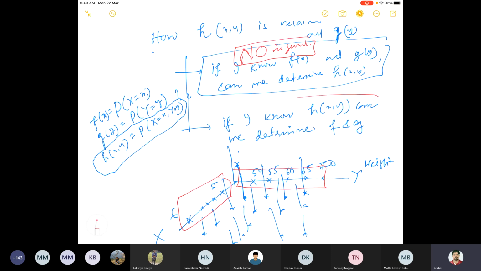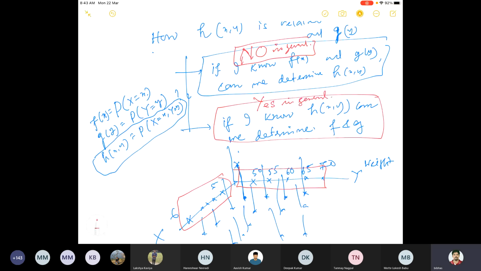Now here, what I was saying is, can you determine the individual distributions f and g from the joint distribution? Here I'll show that this is always possible in general.